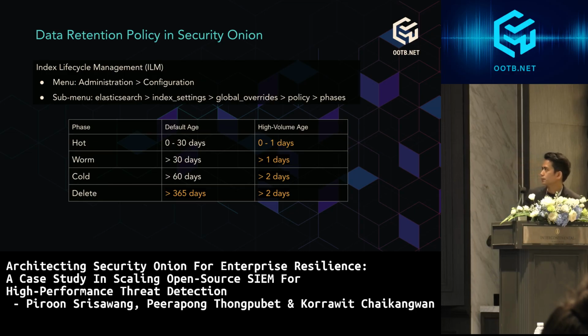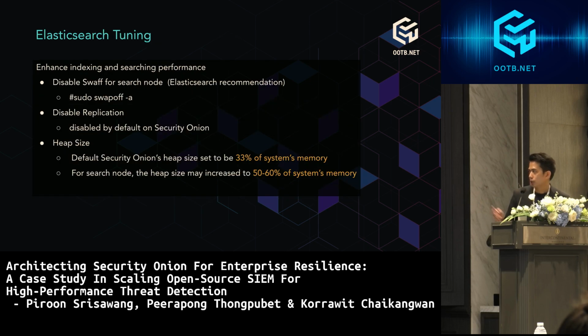Okay, now these are the changes and suggestions we propose for the data retention policy. You can look back at it. Okay, Elasticsearch allows tuning, and this is a requirement from an external source.